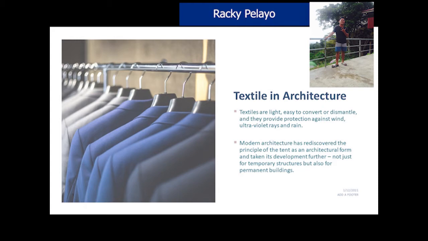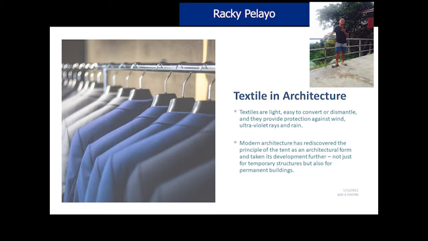Teepees, yurts, and the black tent made by Bedouins are a few examples showing that textiles with high tensile strength were used to build structures even in the prehistoric era.